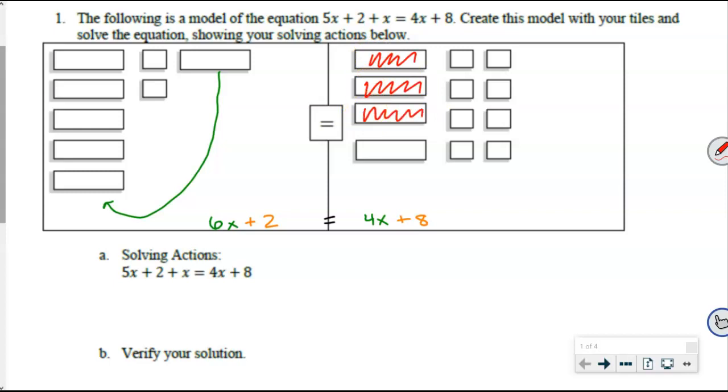And as long as I get rid of these 4x tiles on each side, the equation remains balanced. Those are all gone now. And now we can see that that's 2x tiles plus 2 unit tiles equals 8 unit tiles.